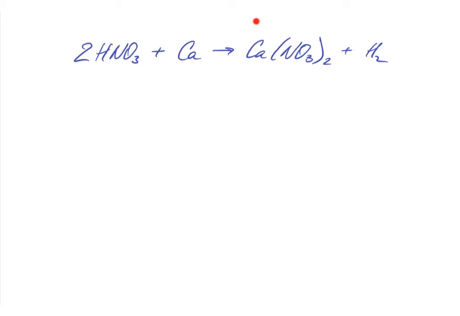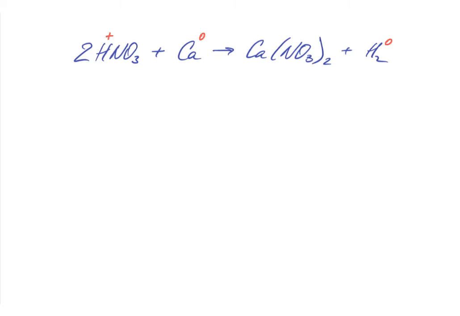Let's do the same kind of analysis over here on this reaction. Let's analyze what has been reduced, what has been oxidized. We start by assigning the oxidation states to everything that we see in this reaction. Calcium and hydrogen are getting an oxidation state of 0 as they are uncombined elements.